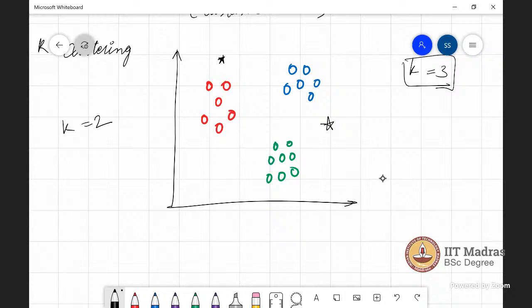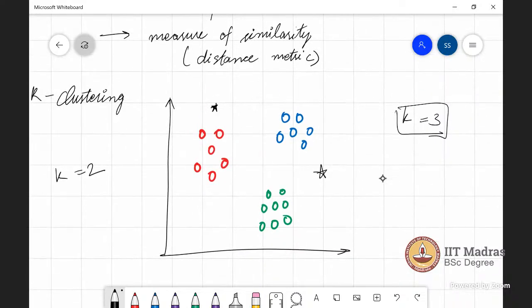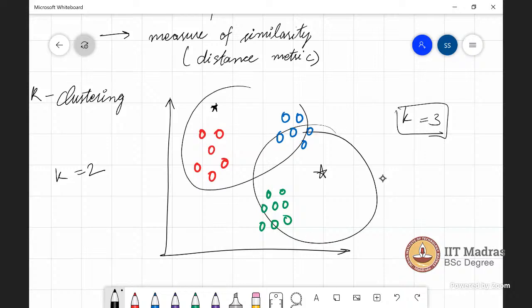If the distance metric that we use is Euclidean, then basically we are drawing two circles around these centroids. So it might look something like this. Something like this and something like this. Sorry, let me draw just a part of it.